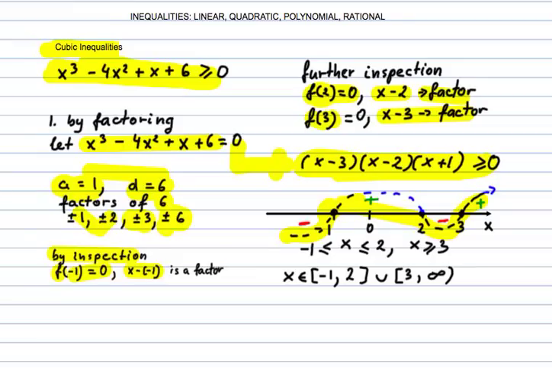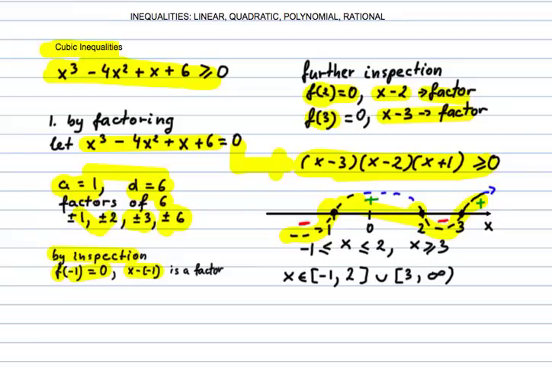So you will be crossing the x-axis at -1 and +2 and +3. Right. This is the direction in which a cubic function behaves if the leading coefficient is positive. Our leading coefficient is 1. So this is why we can conclude that this is the behavior of this particular polynomial.